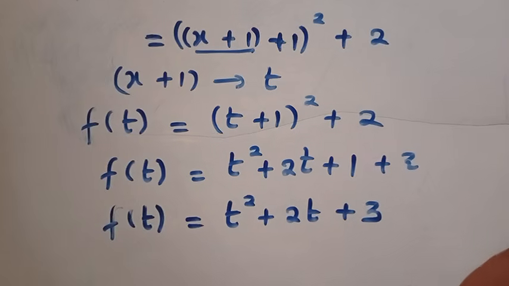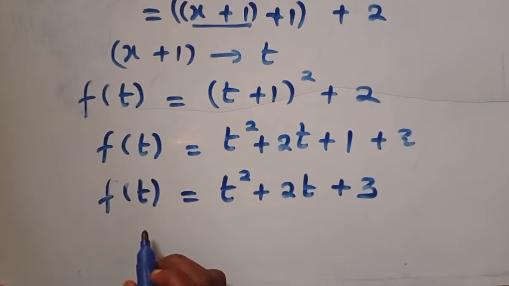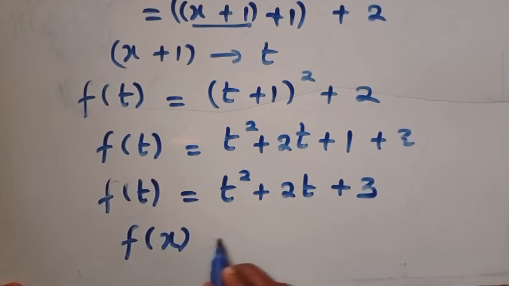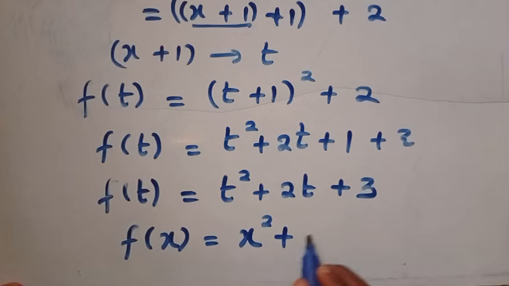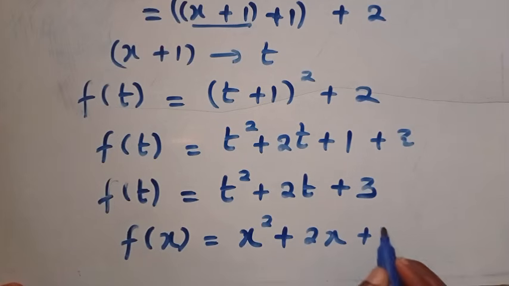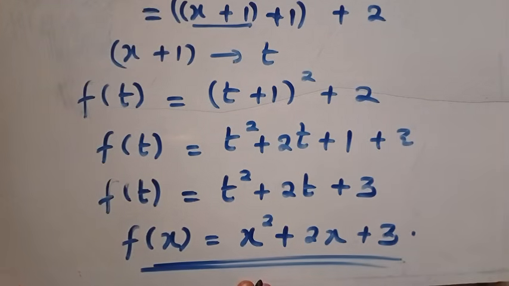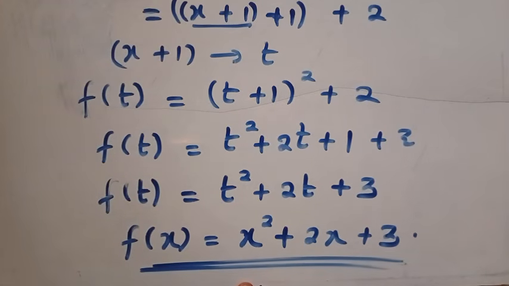And by changing this t to x, because x and t are both members of the real numbers, we then have f of x equals x squared plus 2x plus 3. So this is what we get for f of x only from f of x plus 1.